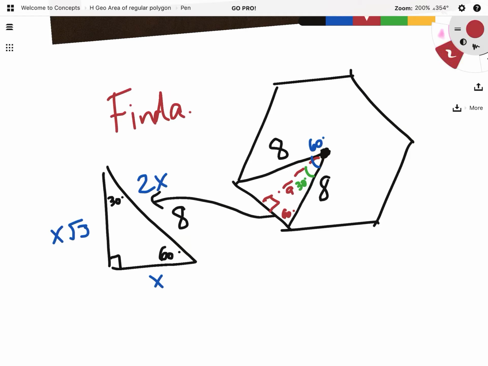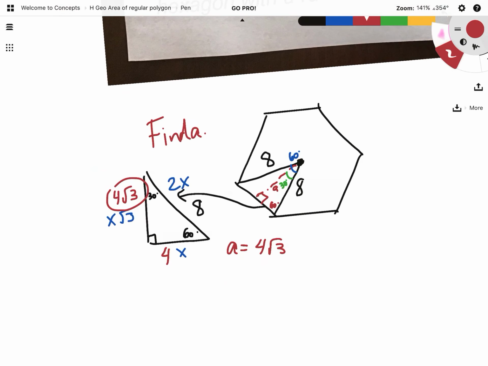So if 2x represents 8, then x represents 4, and then this apothem A represents 4 root 3. And that's all I was asking. So find the apothem. There's our answer. So A is equal to 4 root 3. And that's it. So that's all we're going to learn today.